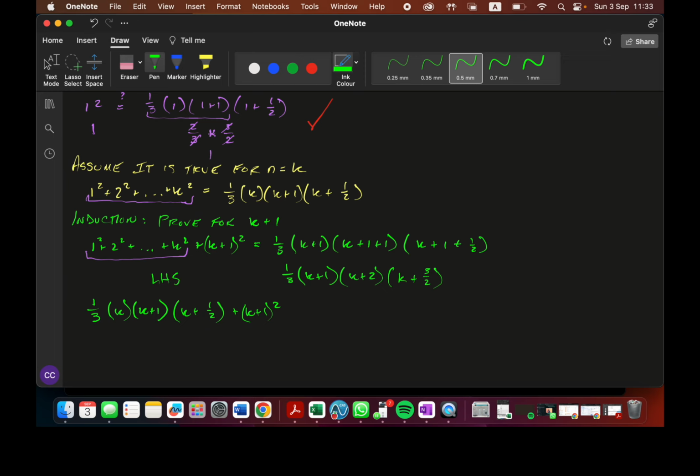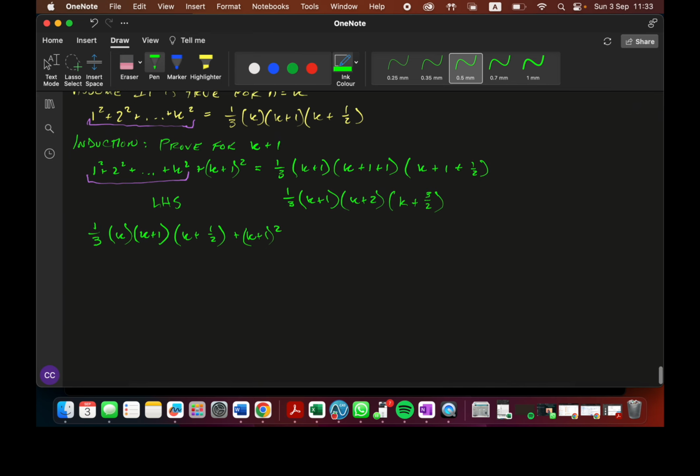Okay, looking for some common factors, I see one right away. I've got a common factor of k plus 1, because k plus 1 squared is k plus 1 times k plus 1, so I'm going to factor k plus 1 out of this.